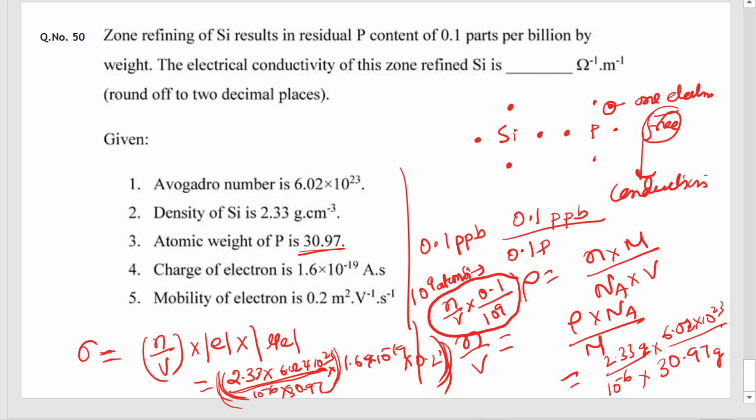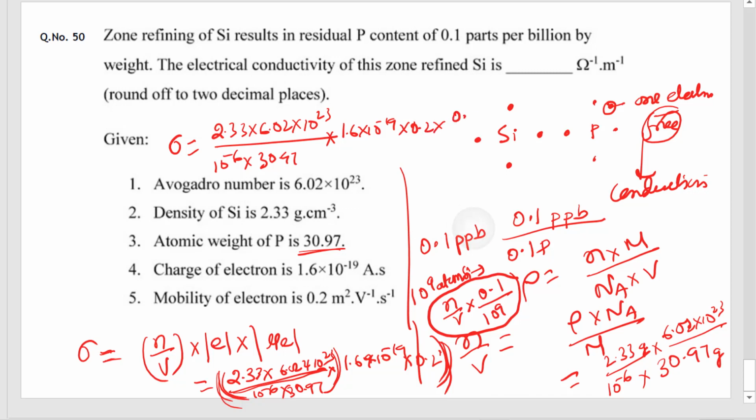So the expression will be 2.33 into 6.02 into 10 power 23, 10 power minus 6 into 30.97, into 1.6 into 10 power minus 19 into 0.2 into 0.1 divided by 10 power 9, right?